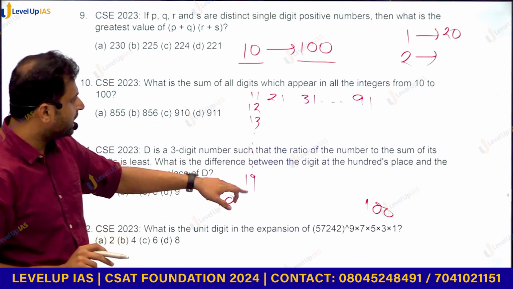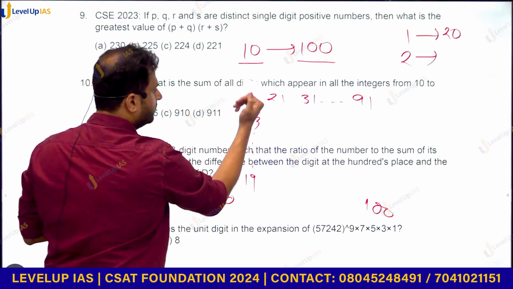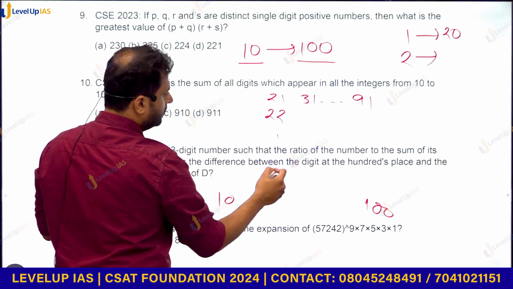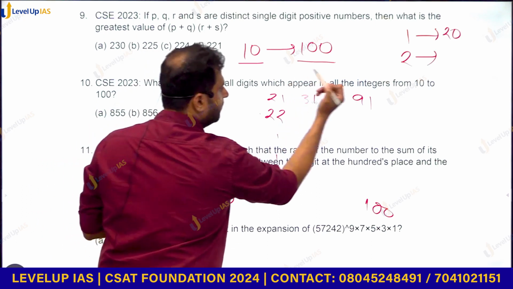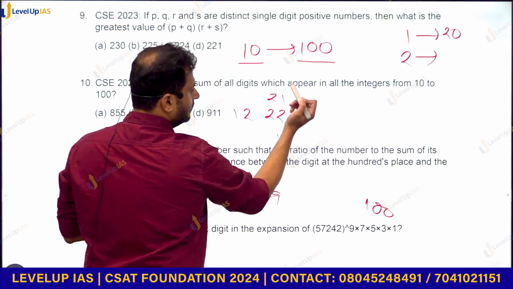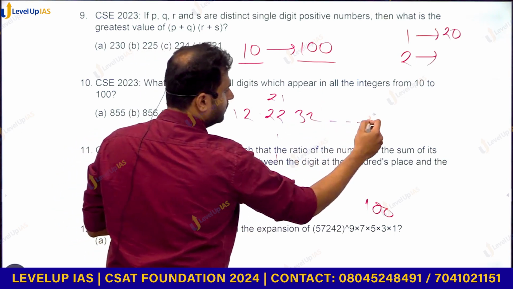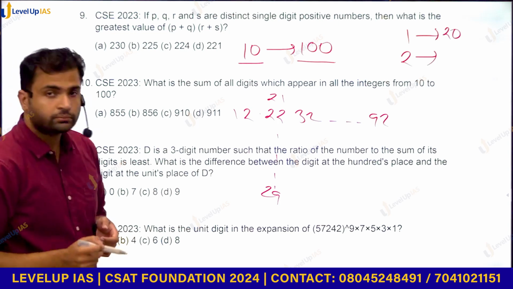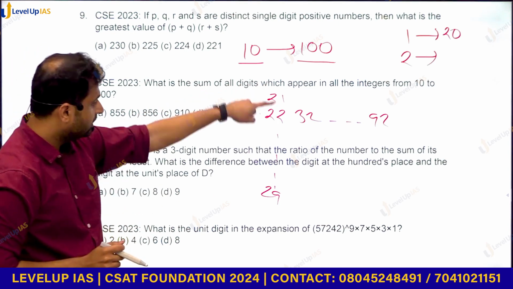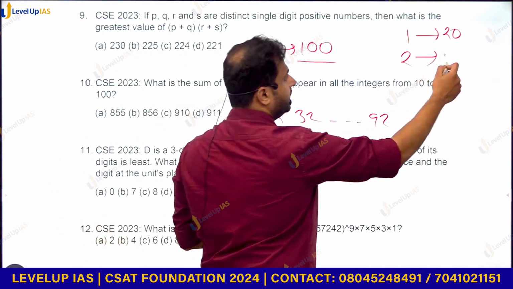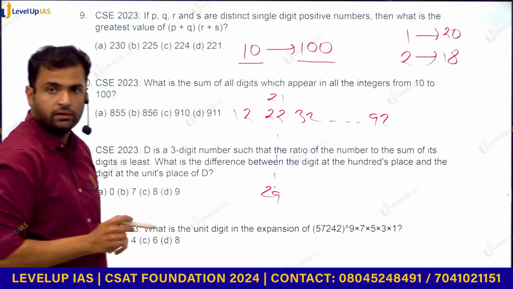Instead of 11 to 19, we'll have 21 to 29, and from here 12 to 92. You have to count these two. So here 9 plus 9, 18 times. So 2 will appear 18 times, right?